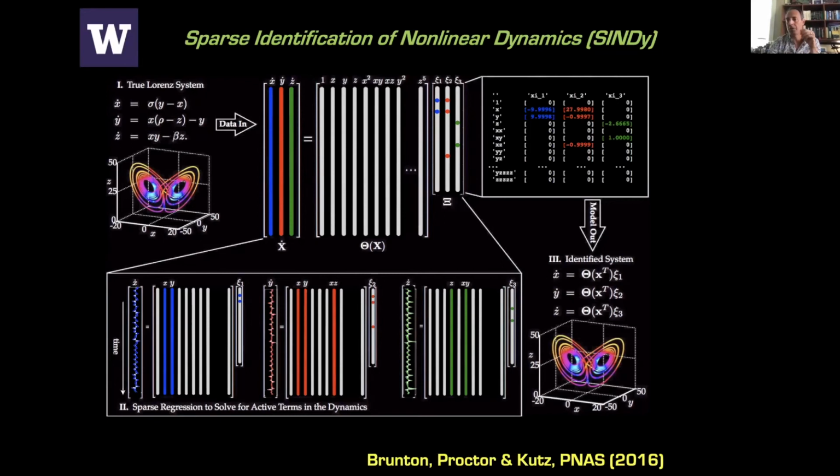It's sparse regression on Ax equals b. I take time series data, so I know I'm looking for a model x dot equals f of x. If I measure x, then I can differentiate it to produce x dot. That's b in Ax equals b. The matrix A itself is a library of candidate right-hand side terms: what kind of dynamics could be in the model?